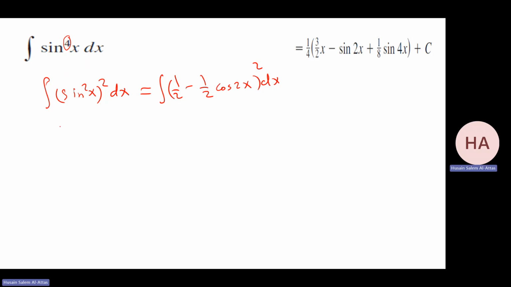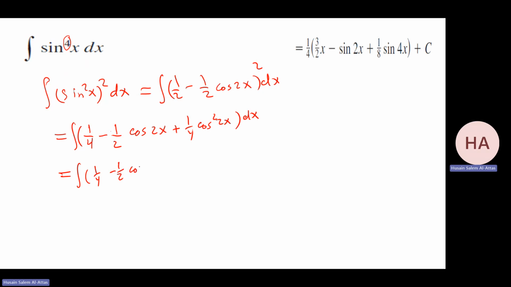Now open the square. That will be the integral of 1 over 4 times 2 minus 1 over 2 cosine 2x plus 1 over 4 cosine squared 2x dx.